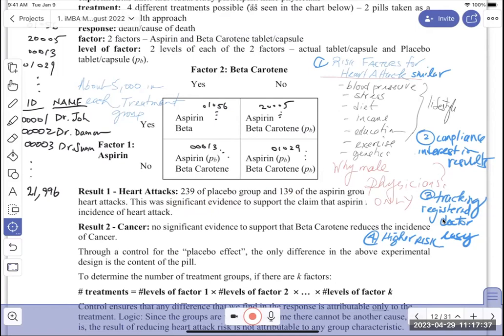Now, just looking at the numbers, you would know that. We could talk about the numbers, but there are actually probability models that will help us determine that that's more unusual than just a chance occurrence. And this was enough to say this was significant evidence to support the claim that aspirin reduces the incidence of heart attack.